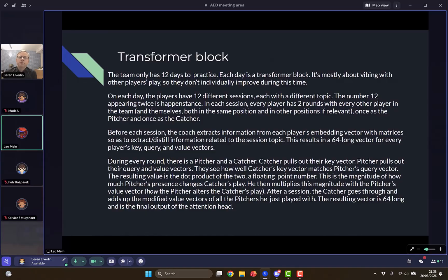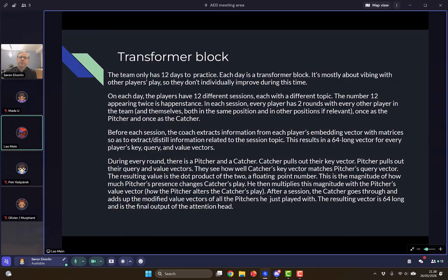During each round, you have the pitcher and you have a catcher. This is metaphoric. You can think of whatever you want in your head, but the pitcher is the one who's throwing the concepts, and the catcher is the one whose concepts are going to be modified by the pitcher.